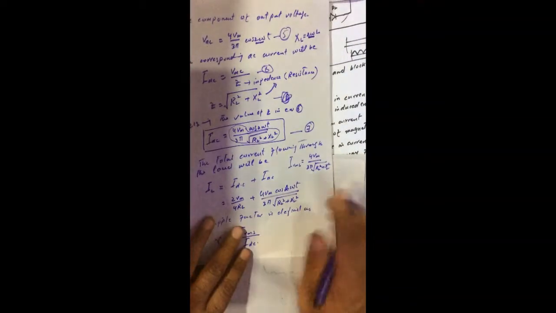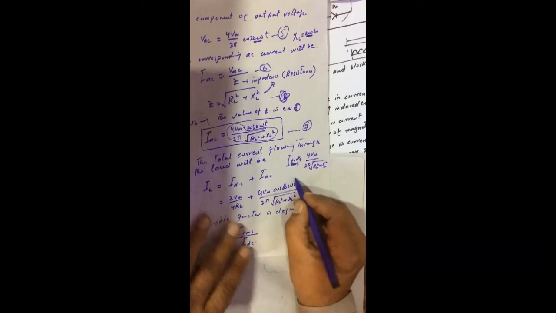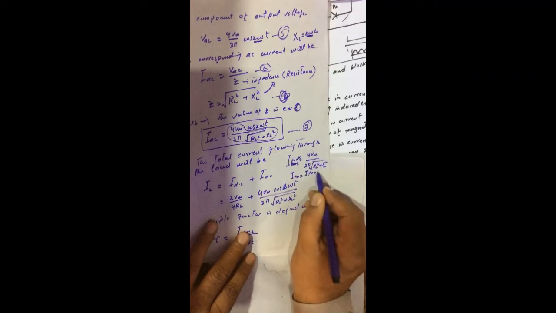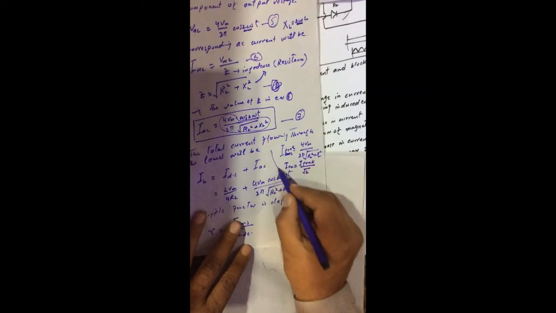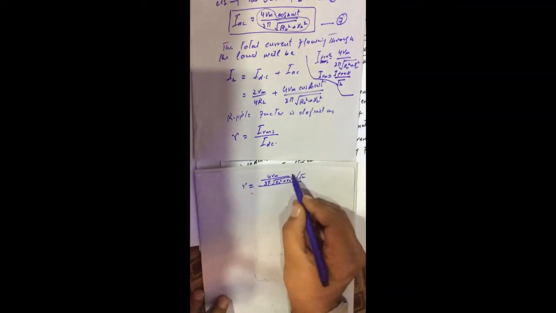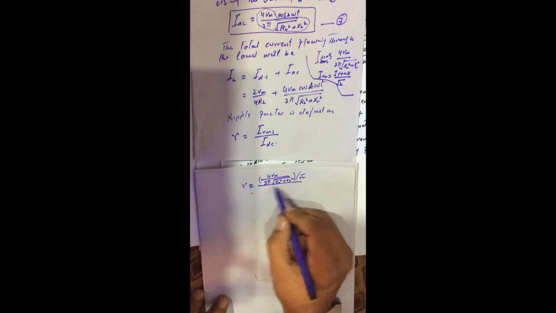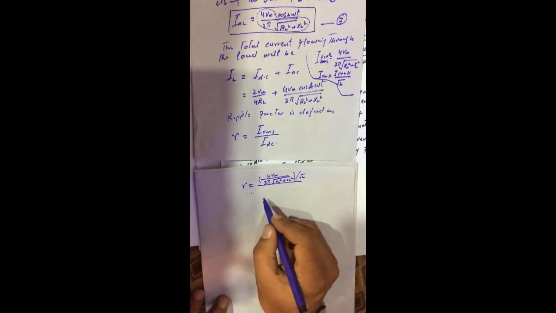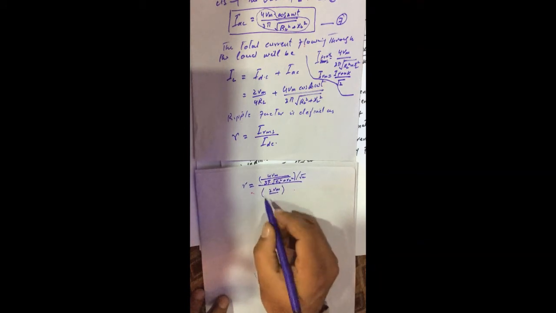Sorry, this is the peak value, I peak, while the RMS value will be I peak divided by square root 2. So the peak value is 4 Vm over 3 pi square root of RL square plus XL square, divided by this factor root 2, over the DC current, which is 2 Vm over pi RL.